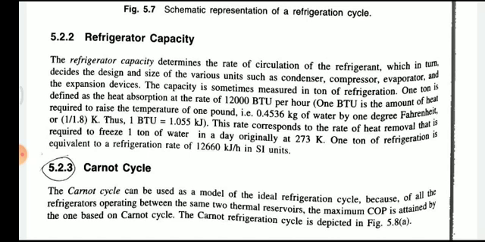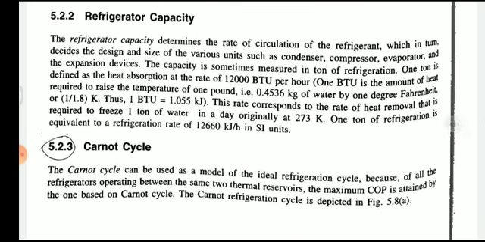The capacity is sometimes measured in tons of refrigeration.